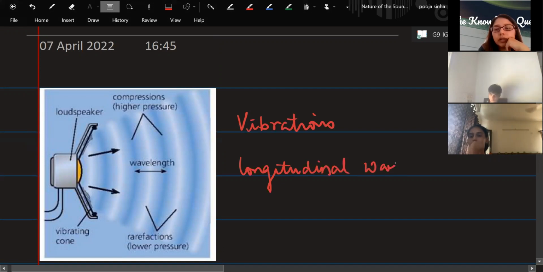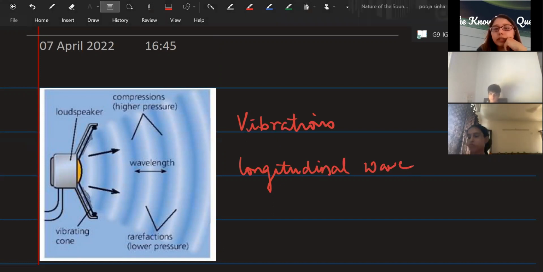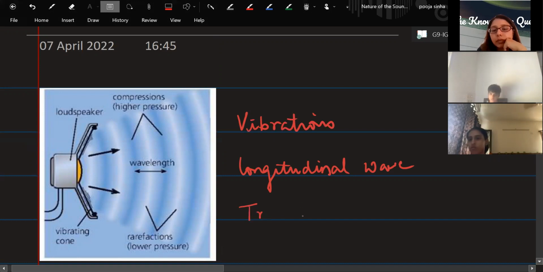So we learned already that sound is a longitudinal wave. Then can sound travel through a medium? It only travels through a medium. Will it travel in vacuum?